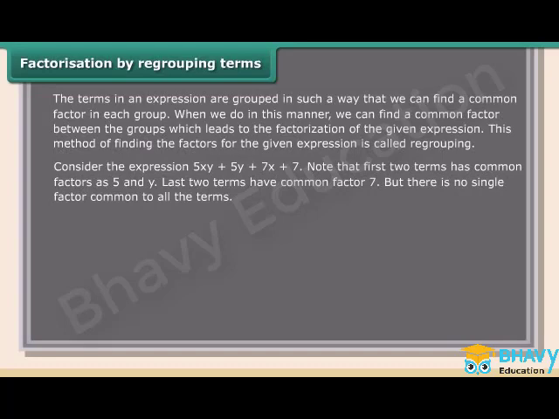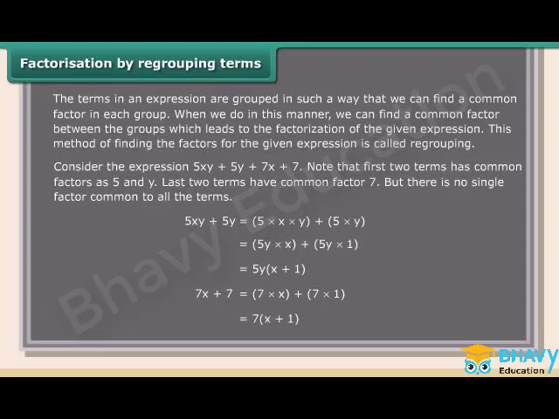But there is no single factor common to all the terms. 5xy plus 5y is equal to 5 into x into y plus 5 into y is equal to 5y into x plus 5y into 1 is equal to 5y into x plus 1. 7x plus 7 is equal to 7 into x plus 7 into 1 is equal to 7 into x plus 1.